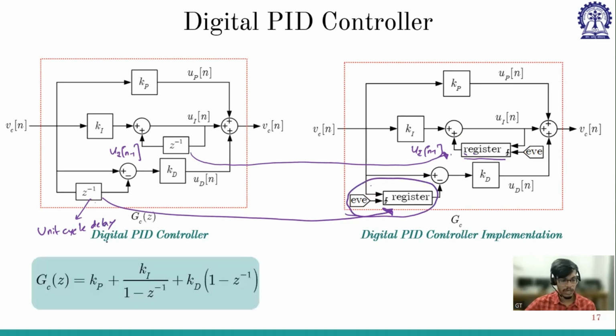As I have derived in the previous slide, GC of Z is nothing but Kp plus Ki by 1 minus Z inverse plus Kd into 1 minus Z inverse.